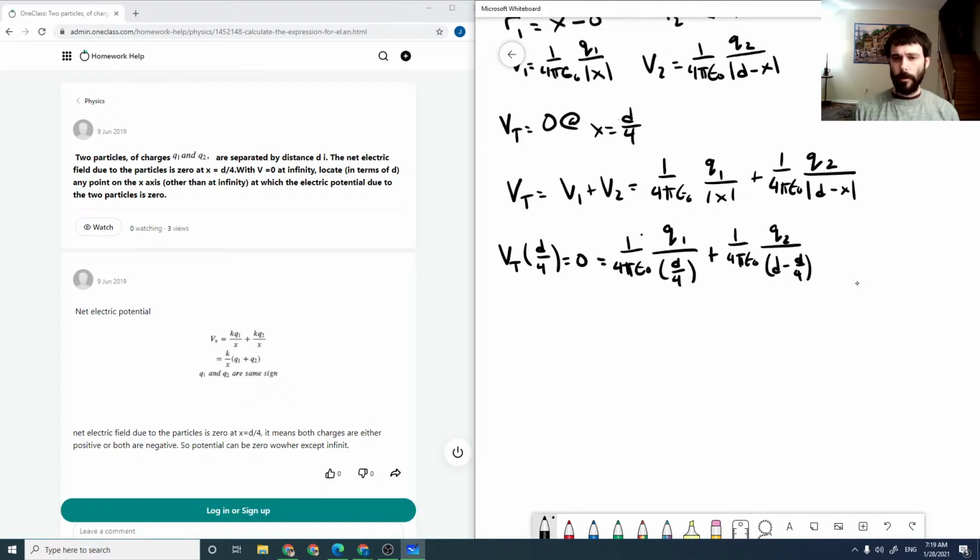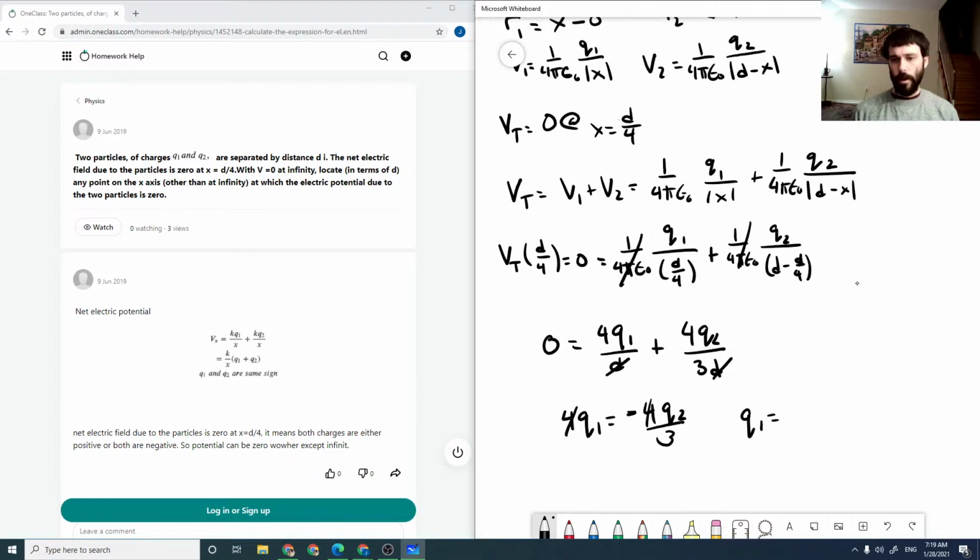So it all equals 0, and we can cancel the 1 over 4 pi epsilon naughts and get 0 is 4q1 over d plus, since d minus d over 4 is 3d over 4, 4q2 over 3d. We can cancel our d's and say that 4q1 is equal to minus 4q2 over 3. Again, cancel the 4's, so q1 is minus q2 over 3.